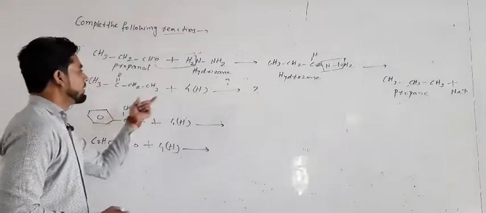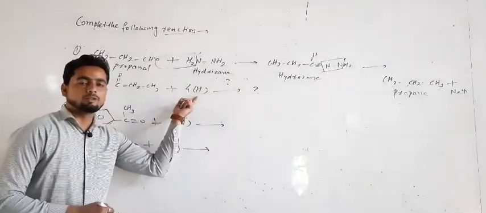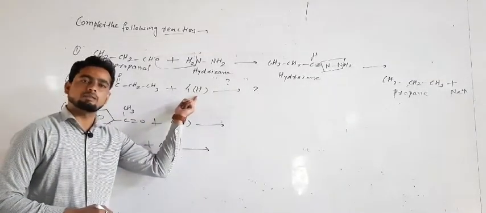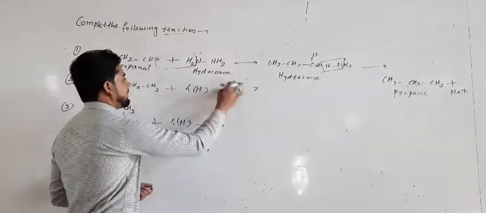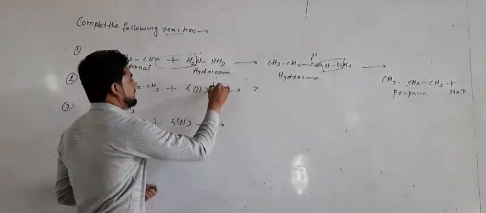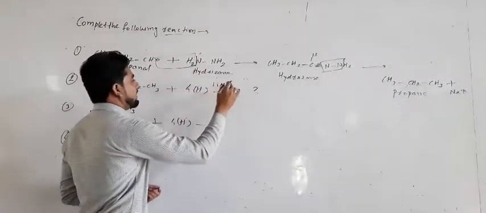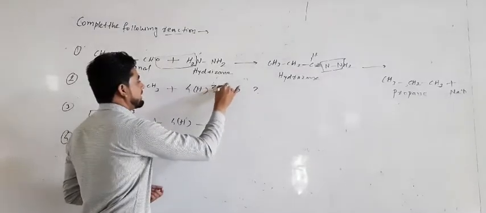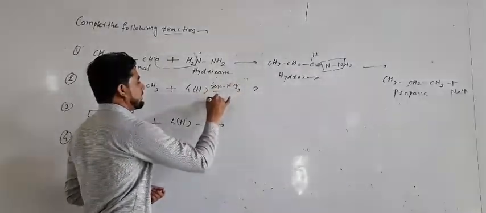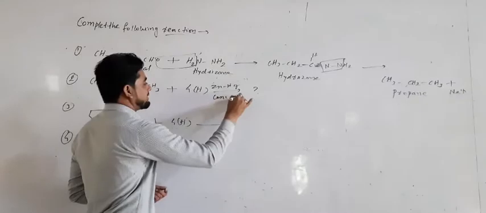Now first of all, if we add hydrogen, it is a Clemmensen reduction reaction in which we add hydrogen, and this reaction especially takes place in presence of zinc amalgam, ZnHg, and concentrated HCl.